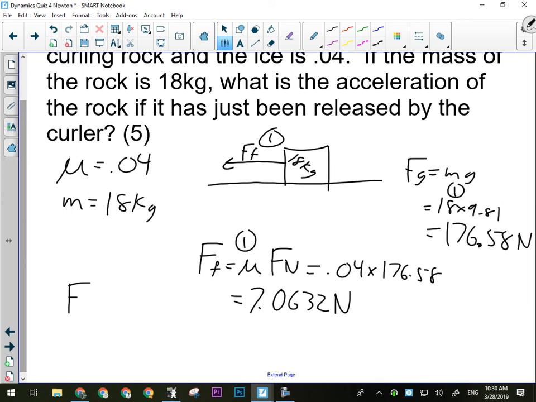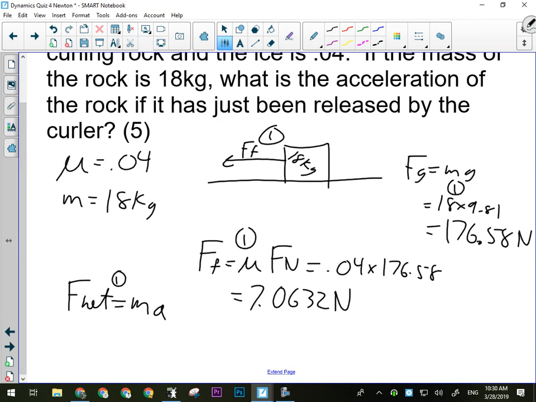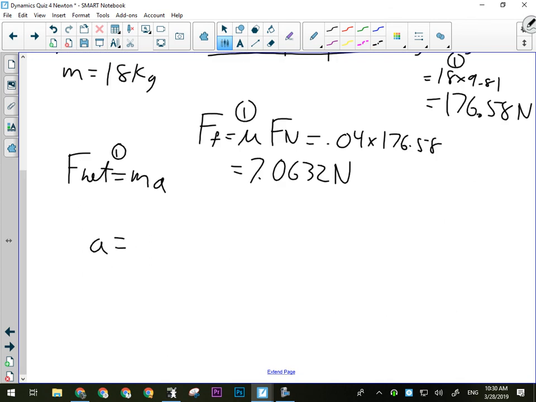So now I can do this. F net equals m times a and calculate the acceleration. So one mark for realizing they had to use m times a, or maybe they showed it manipulated. Whichever they did, F net over m. So that'll be 7.0632 divided by 18 kilograms.